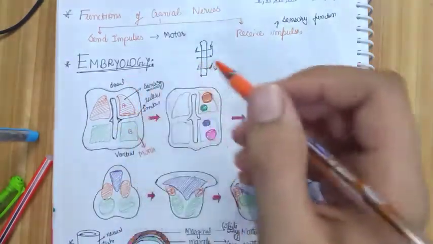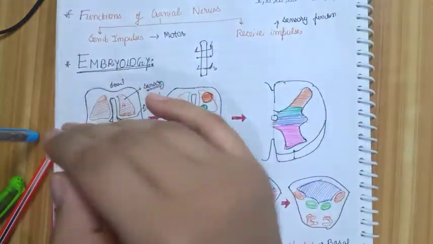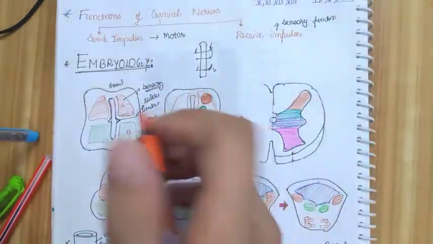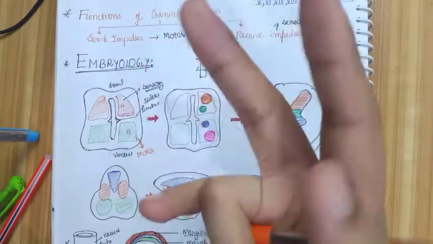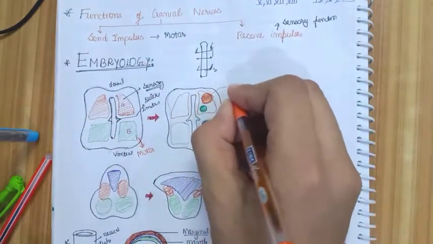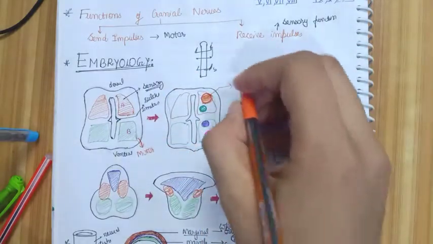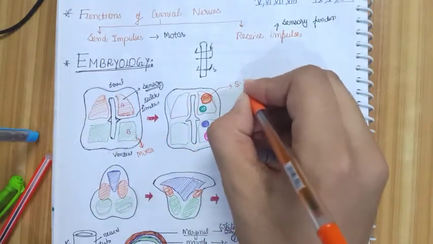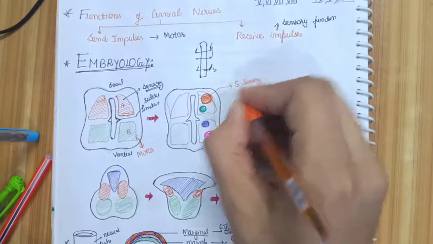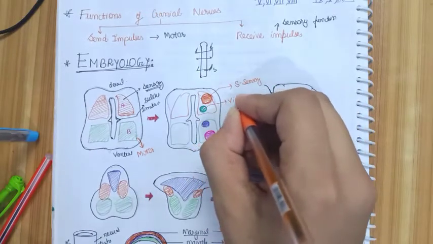Okay, now if you see the development again in the later part, this alar lamina consists of two parts. It has sensory function, and in that also we have two subdivisions, that is the somatic sensory and visceral sensory.